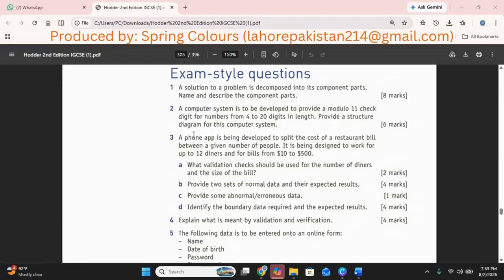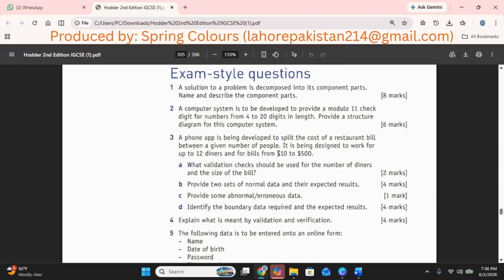Let's move on to question number 3. A phone app is being developed to split the cost of a restaurant bill between a given number of people. It is being designed to work for up to 12 diners and for bills from $10 to $500. So if you are going as a group to eat something in that restaurant, you can use the app to divide the bill among the number of friends.